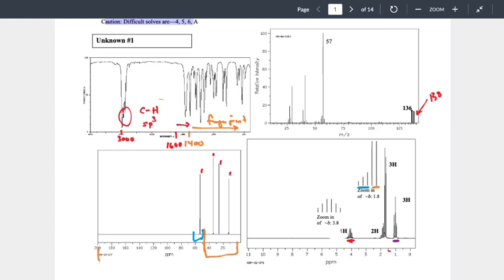You're now potentially screwing up your HNMR, and now everything is going to snowball out of control. So the communication between the forms of spectroscopy is the ultimate goal, but we have to be very careful and intentional about when we start contaminating each of the individual spectra with our analyses. Make sense? Okay. Questions?